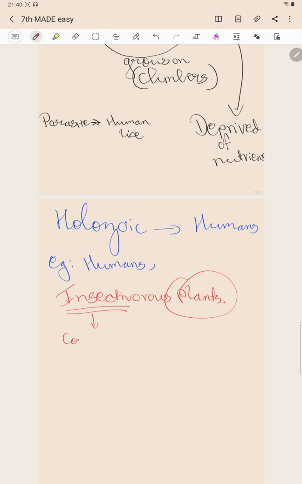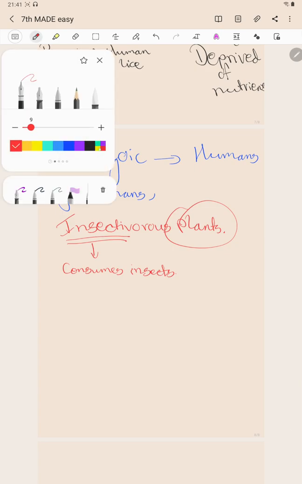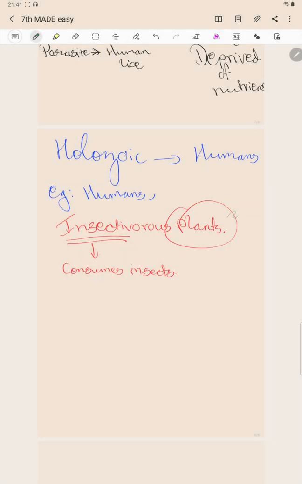Insectivorous means consumes insects. So what do we see? These are insectivorous plants. So there's a dilemma here. These insectivorous plants are what in color? These insectivorous plants are green in color. Meaning they have chlorophyll and they can prepare their own food.